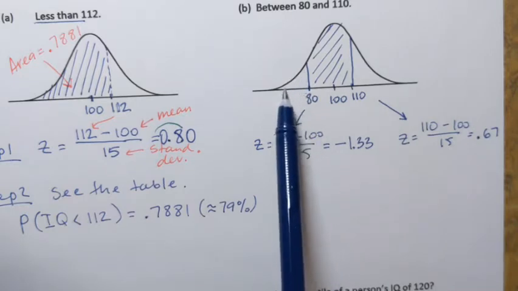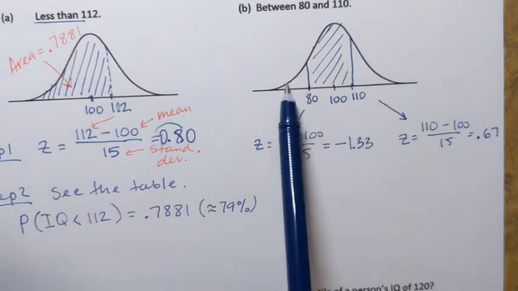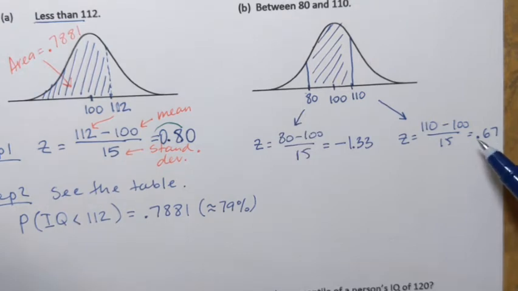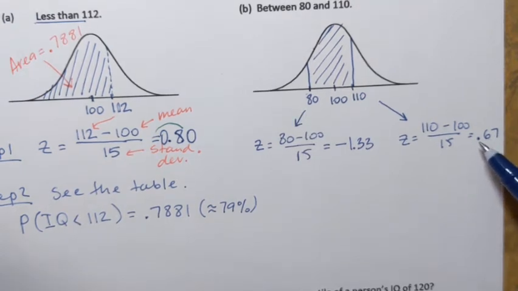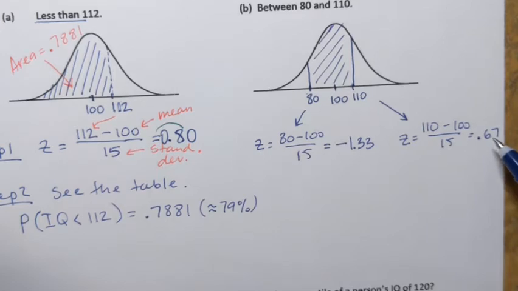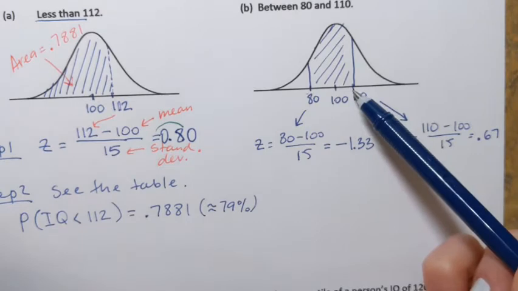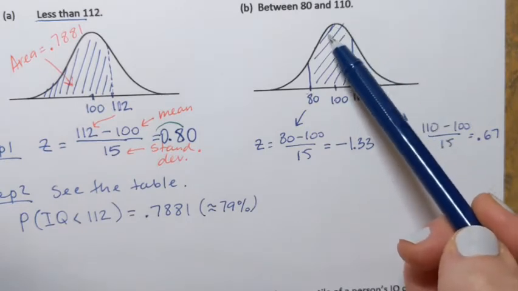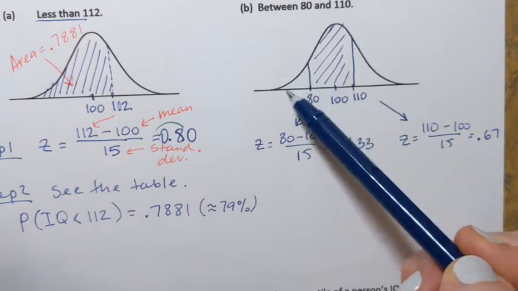And that's not quite what we need. We don't really need this piece. But when we look up the area that corresponds to the z-score 0.67, we're going to find the area under the normal curve to the left of 110. And that's everything to the left, which is more than we need.